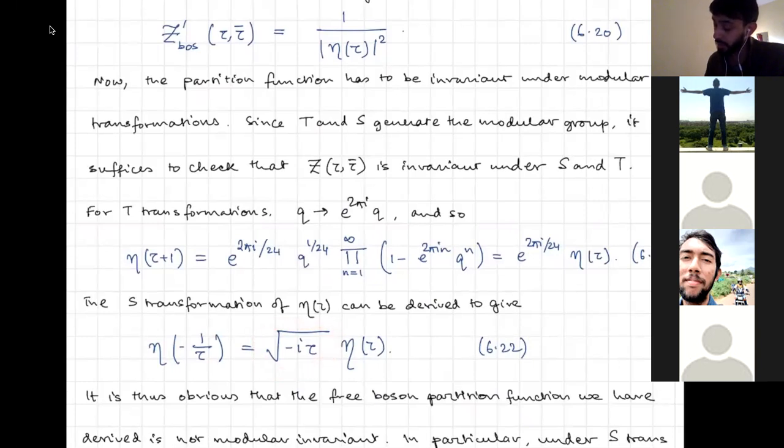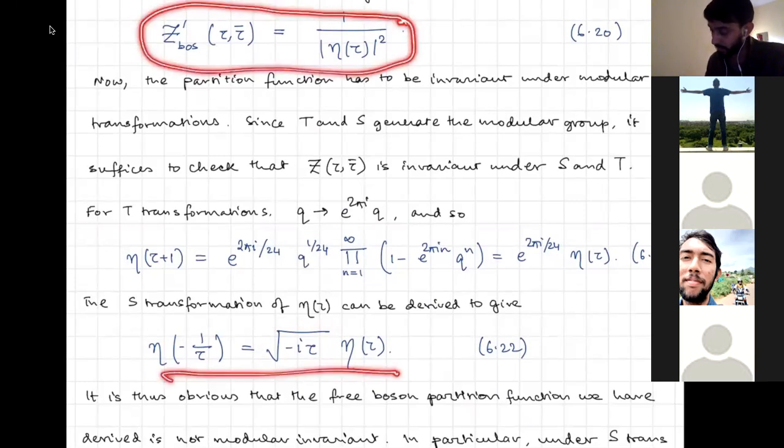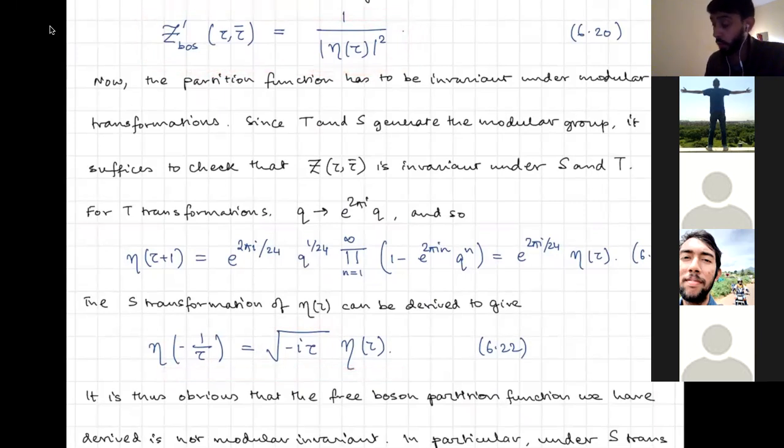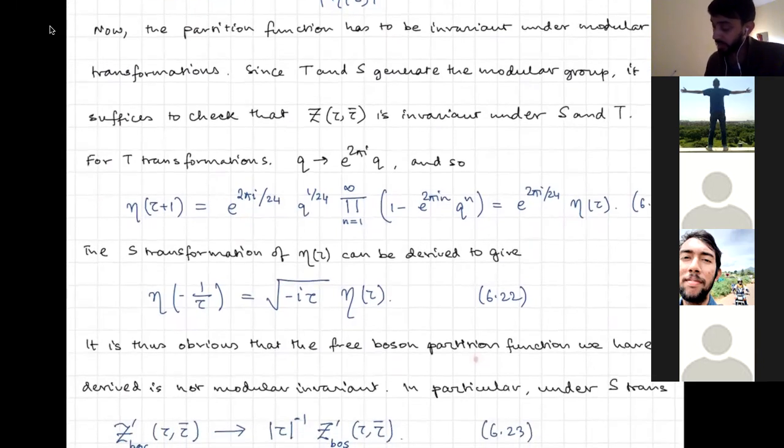There's going to be a square root of minus i over tau in front. So it's obvious that if you have something like this, and if you have this particular transformation, then this Z prime is not going to be invariant, right? Because there is going to be an extra factor which comes from here, which will not go off. So it's obvious that the free boson partition function that we have derived is not modular invariant.